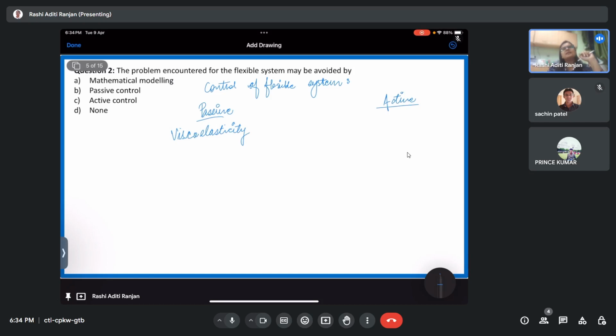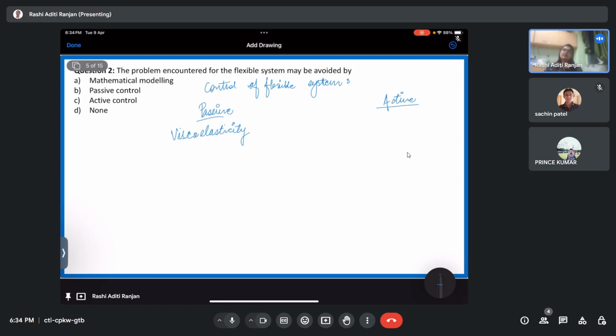So what happens is that those kinds of systems actually possess some kind of viscoelastic behavior. You know that in the case of fluids, we have viscosity, right? So we say that elastic systems have viscoelasticity. Okay, so it has some kind of presence of a viscous effect, right?